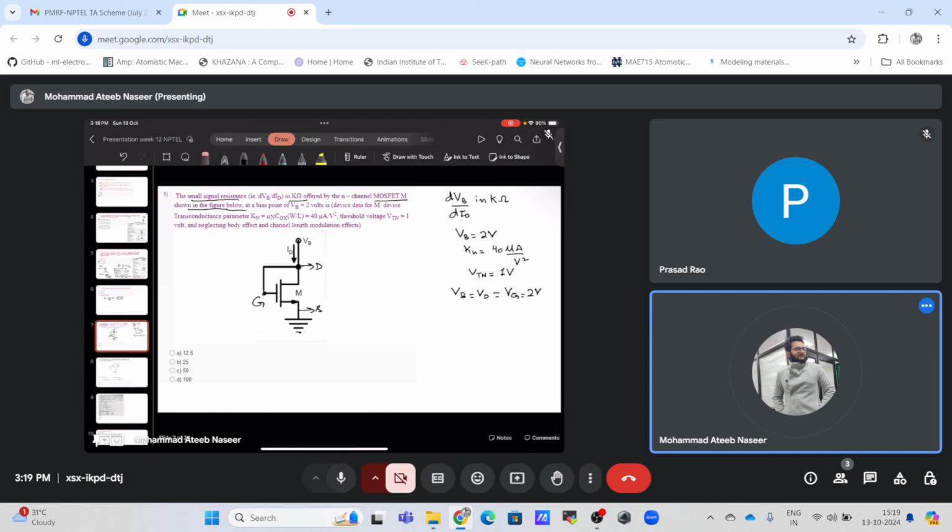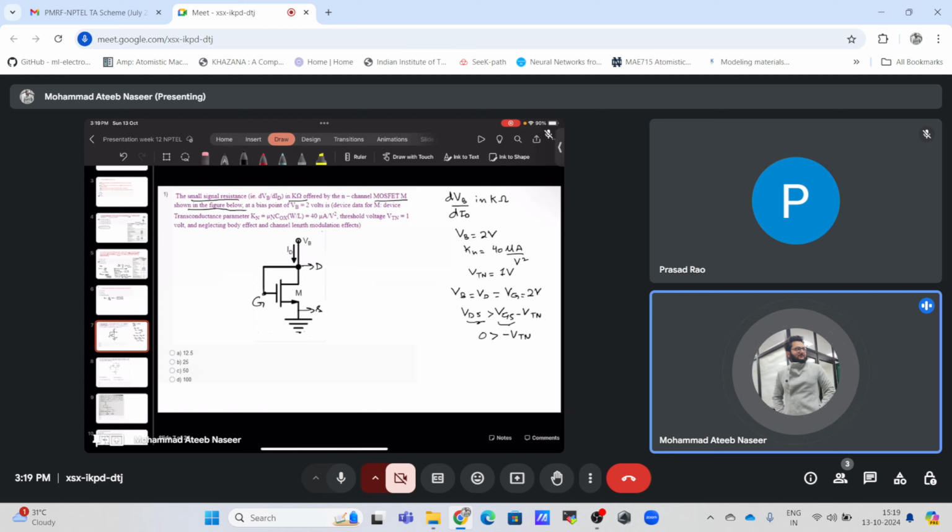Now VDS will be greater than VGS minus VTN, because VDS and VGS are the same, and 0 is always greater than minus VT.